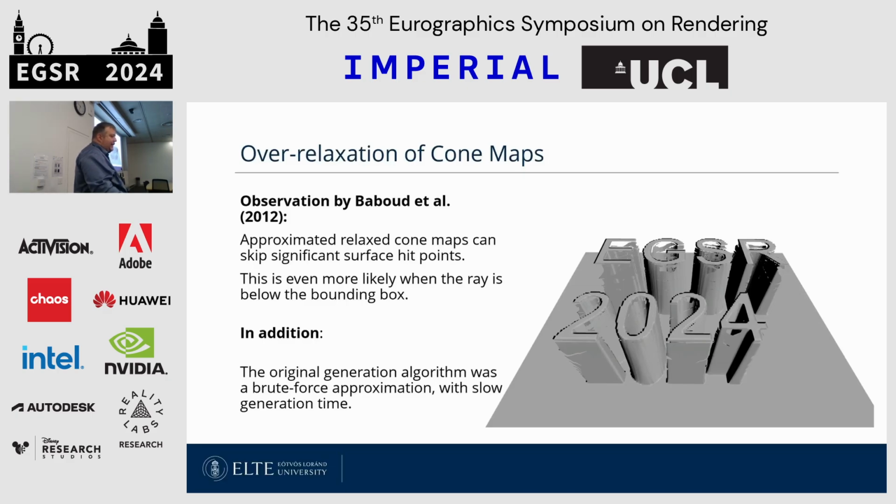It can skip significant surface hit points, and this is even more likely when the ray sampling is already below the top of the virtual box. This is because they approximated the cones from the top of the box. And also, since it was a brute force approximation, the original generation algorithm was really slow.